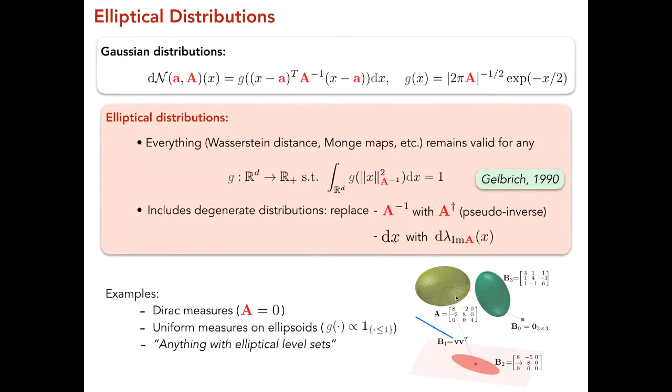As an illustration here, I've represented 1, 2, 3, 4 ellipsoids endowed with a uniform measure that have the same distance to this reference ellipsoid A according to the Bures-Wasserstein distance. So here's a Dirac, this is an ellipsoid, it's just a line, etc. So the Bures-Wasserstein distance in that sense is very flexible as it does not require your distributions to have full support.